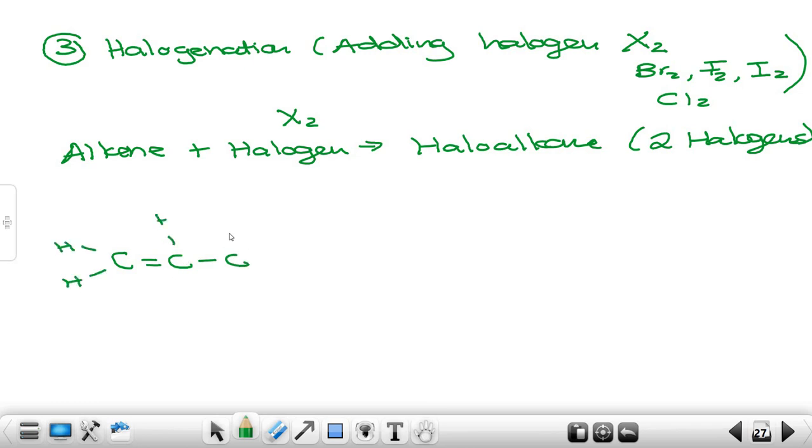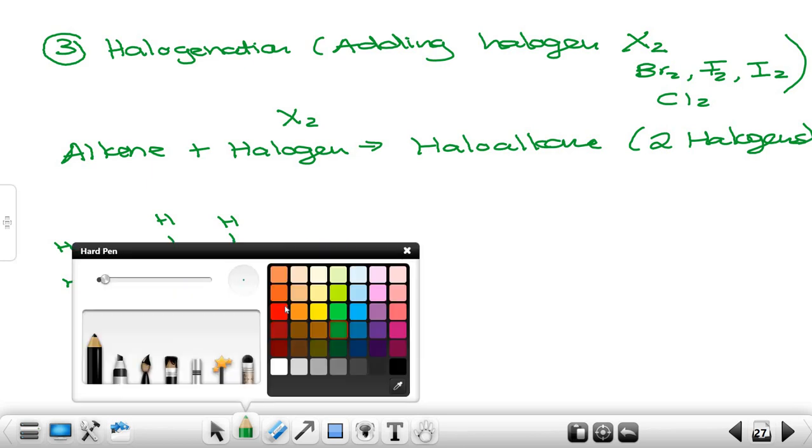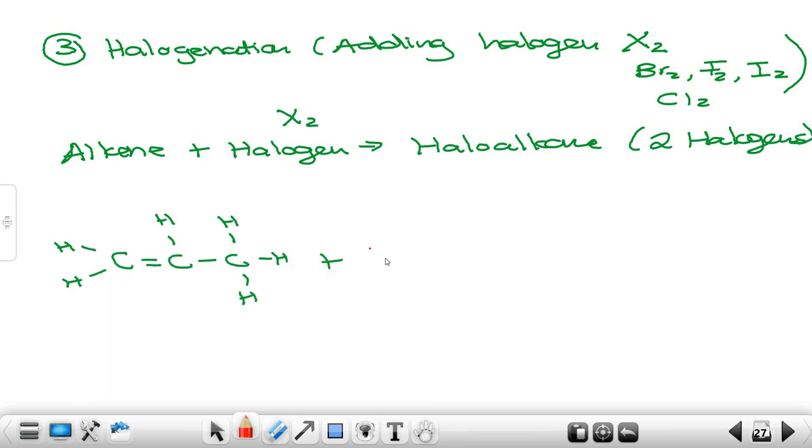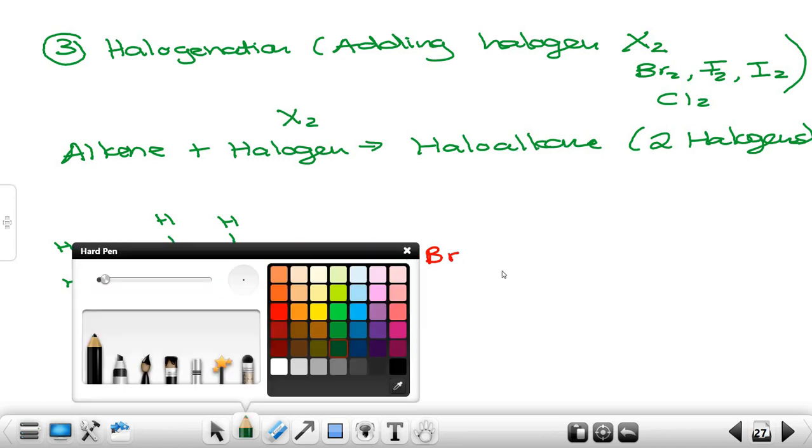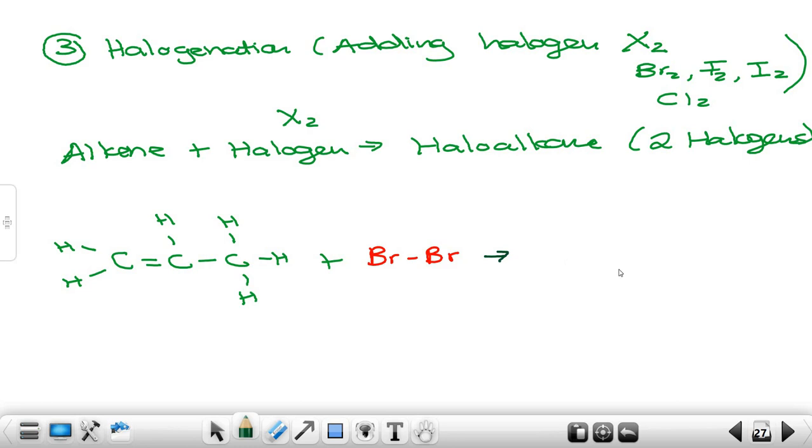So let's go now for prop-1-ene. And to it we will add, let me change colors, Br2, right? And then what are we going to form? Here is the original part of the molecule, the starting part.